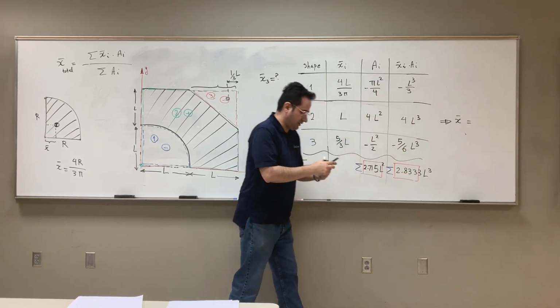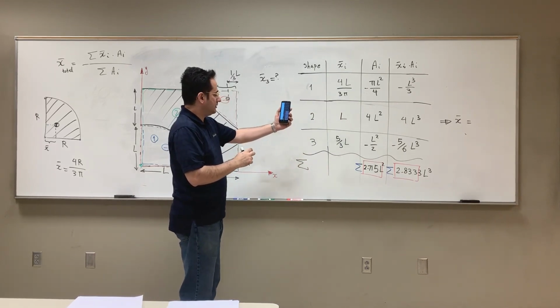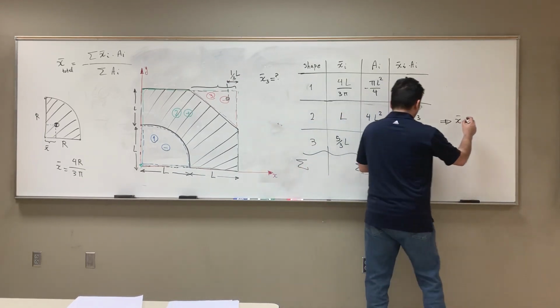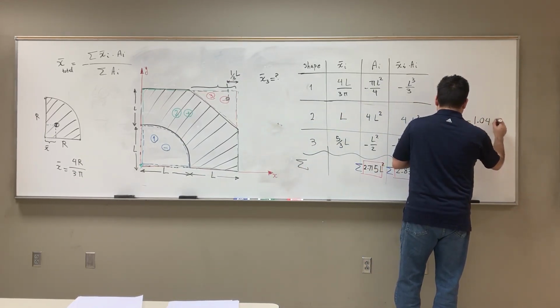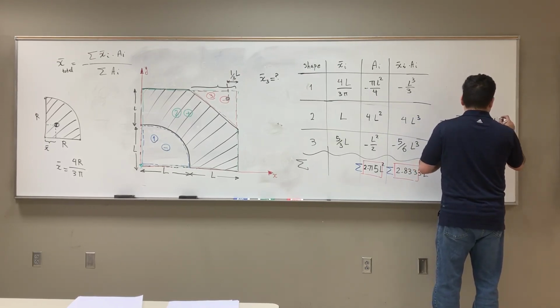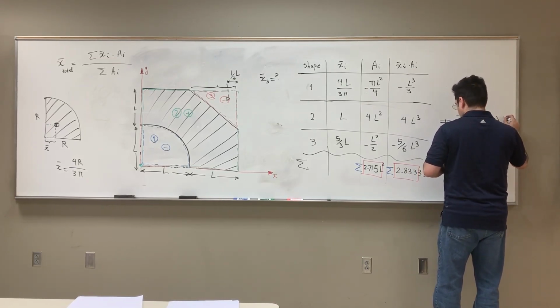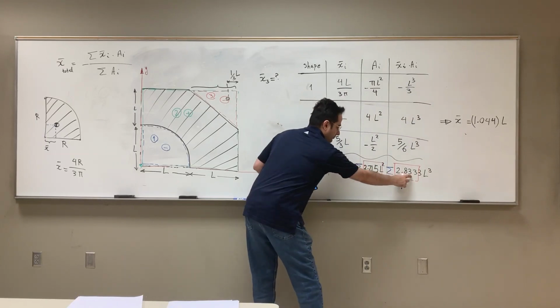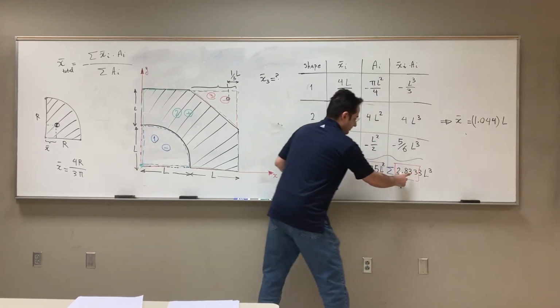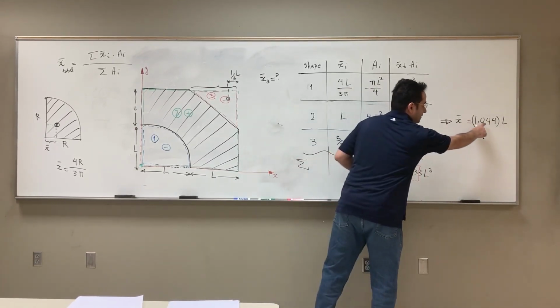Now this one divided by this is 2.8 divided by 2.715, which is equal to 1.044 times L. Because if you divide L cubed by L squared, you get L. So you get 1L multiplied by this number divided by this, which is 1.044.